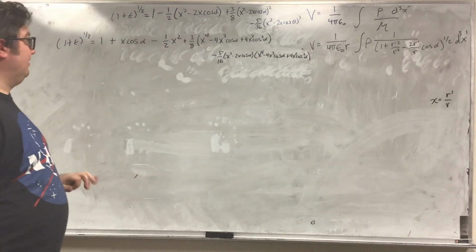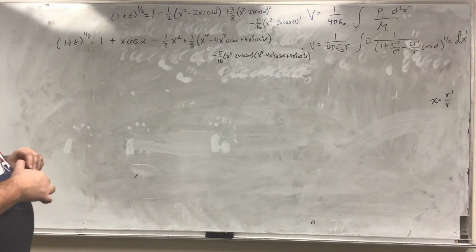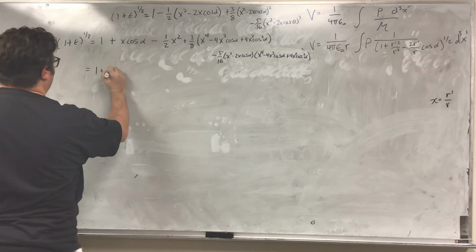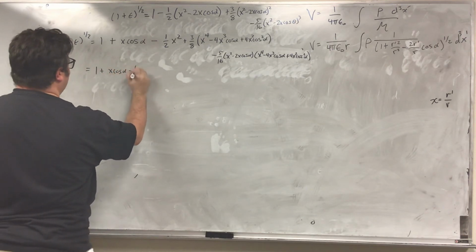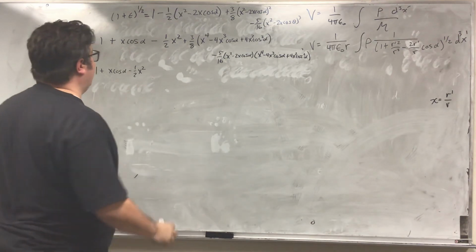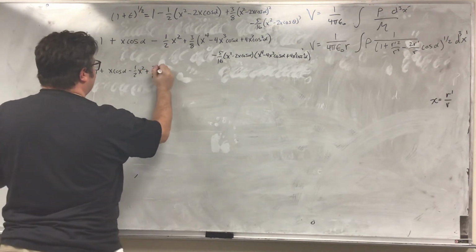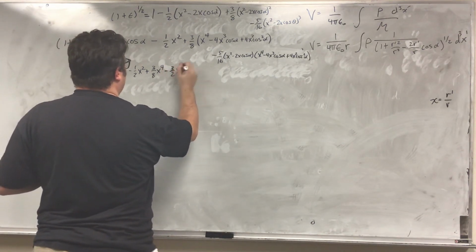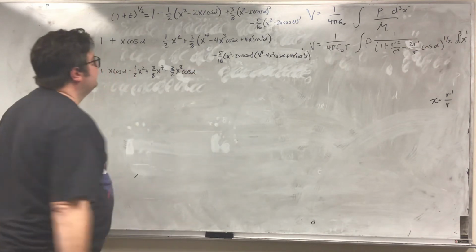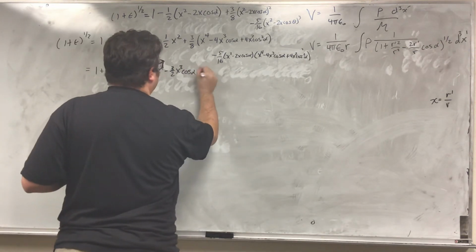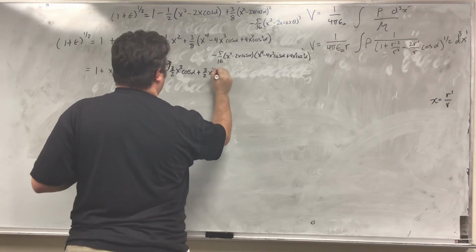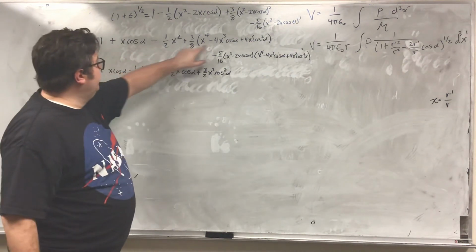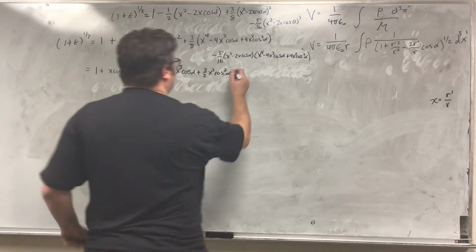Whew, that's nasty. Okay, so I can reduce it some more. So this becomes 1 plus x cosine alpha minus 1/2 x squared. Now I have plus 3/8 x to the 4th minus 3/2 x cubed cosine alpha plus 3/2 x squared cosine squared alpha.